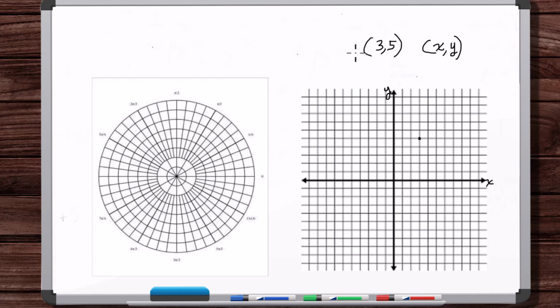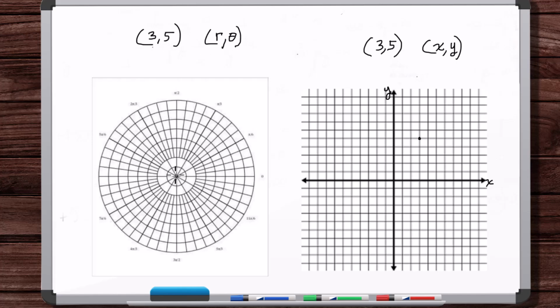But I could have just as easily used another coordinate system to plot this pair of numbers. So instead of using these perpendicular lines, let's use a polar coordinate system. In a polar coordinate system, you follow the r and theta axes.